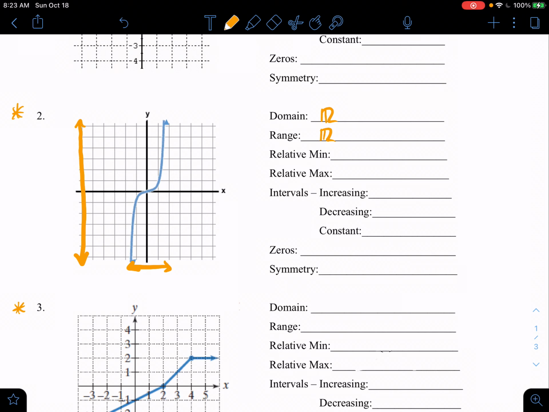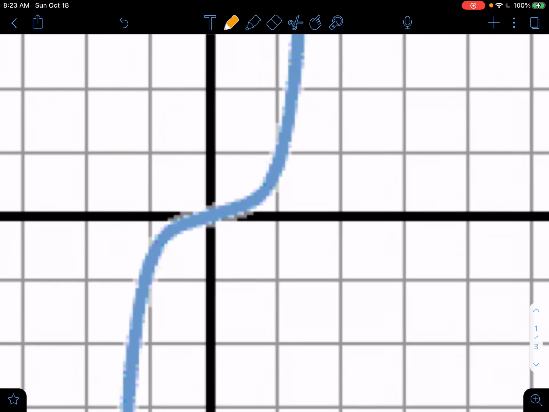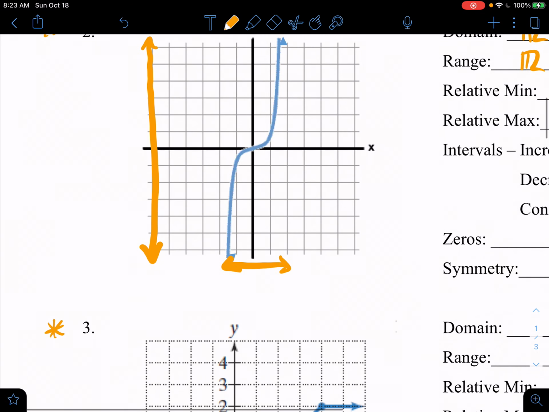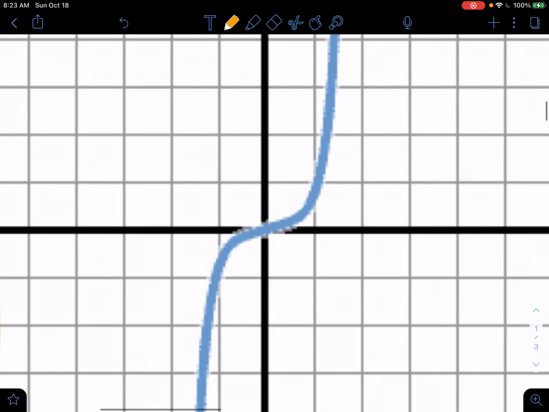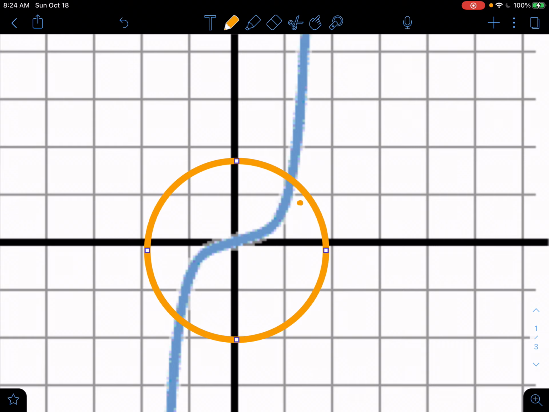Now, looking at the question of a relative min and a relative max. Looking at this, we don't exactly have one spot that's specifically a high point or a low point. Since we do have arrows on both ends, we do know our graph's going to continue to keep going. So the only spot where we could potentially have a relative max or min happen is right in here.